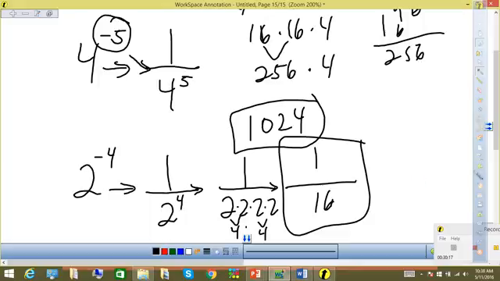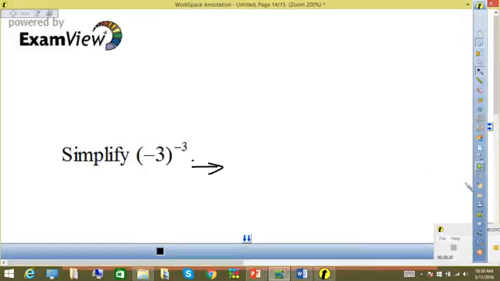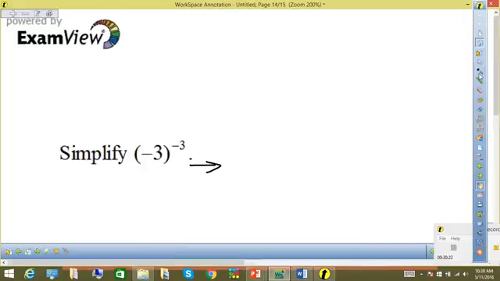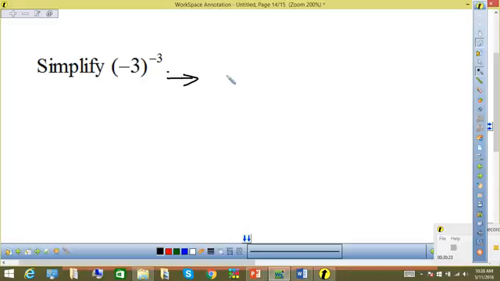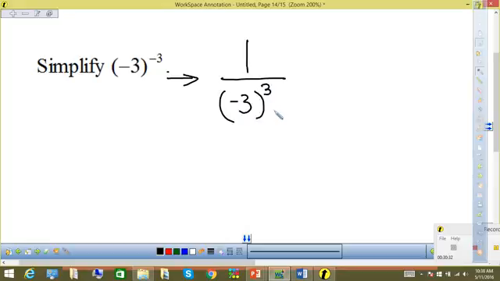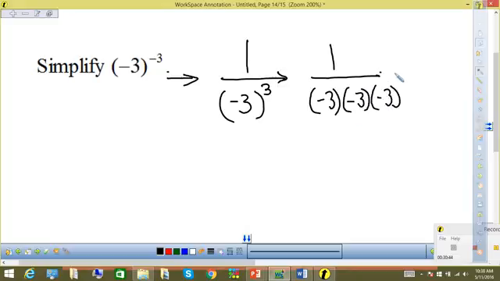So now that we got that introduction, let's go back to the previous problem. Look at this one. How do we rewrite this? This becomes 1 over negative 3 to the what? Positive third power. Therefore, how do we rewrite this? 1 over negative 3 times negative 3 times negative 3.